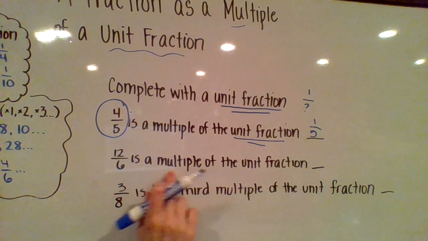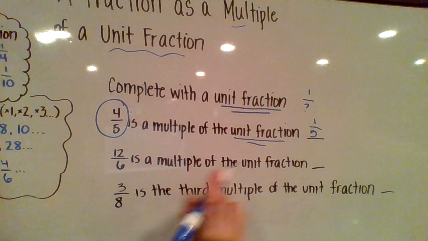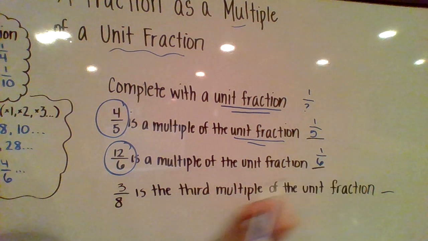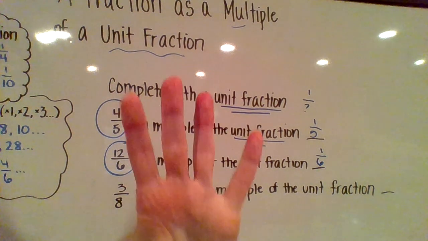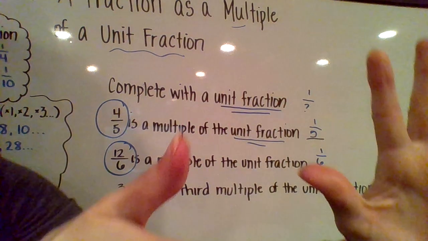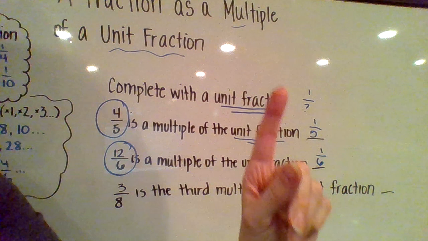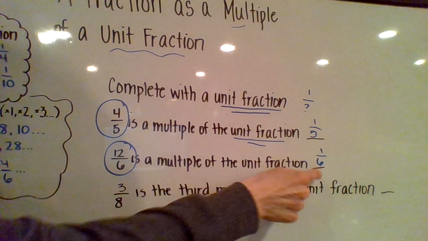We don't know which one yet, but it's a multiple of the unit fraction what? What's the unit fraction for 12/6? Say it in your mind. The unit fraction is 1/6. And what multiple is it? 1/6, 2/6, 3/6, 4/6, 5/6, 6/6, 7/6, 8/6, 9/6, 10/6, 11/6, 12/6. This is the 12th multiple of 1/6.